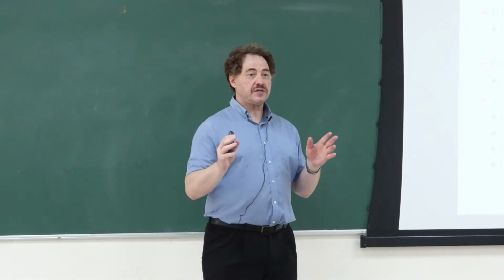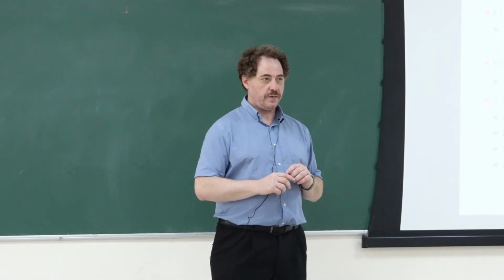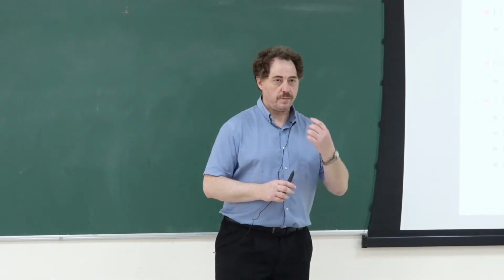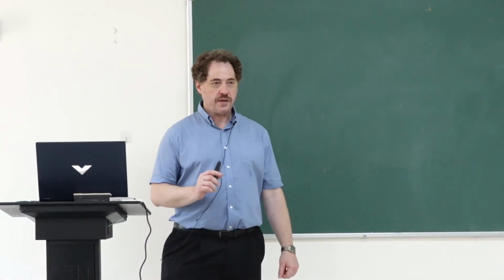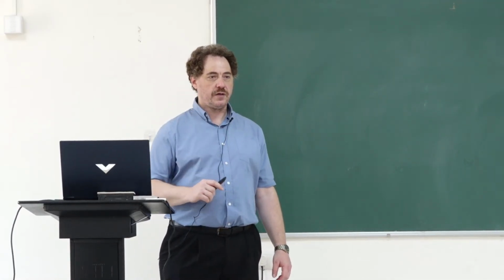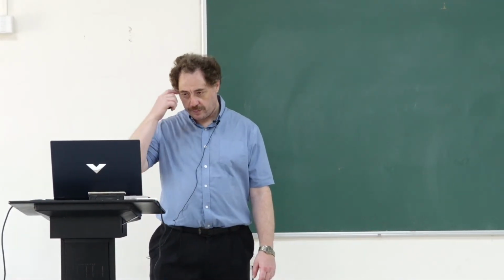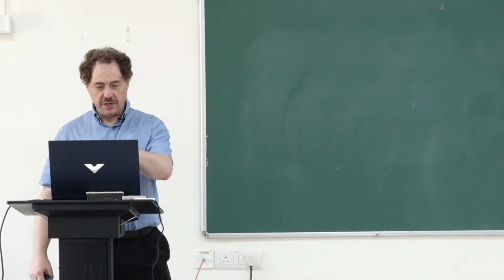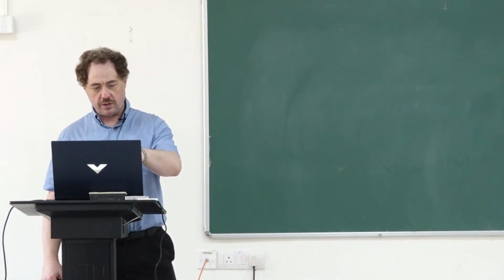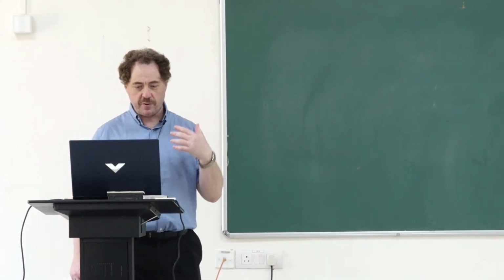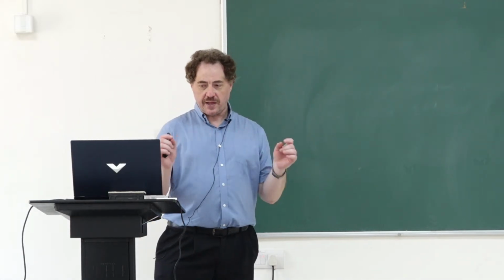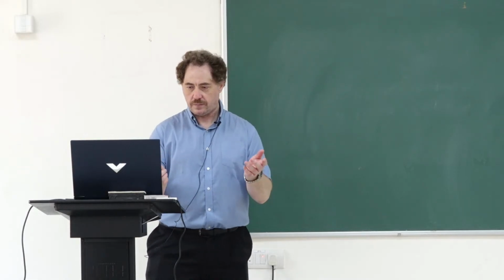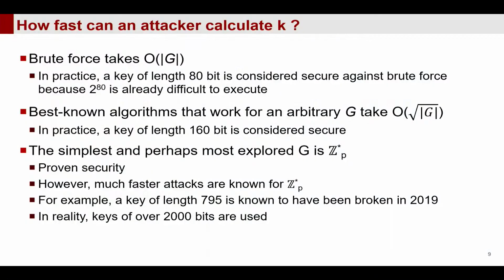Still, square root is much, much bigger than logarithm of K. So it's still much harder for the attacker to figure out K than for Alice to calculate the public key. So square root means that in order to be secure in practice, you need a key maybe of length 160 bits instead of 80 bits. So twice the number because of the square root.